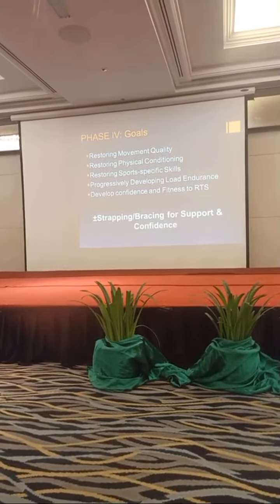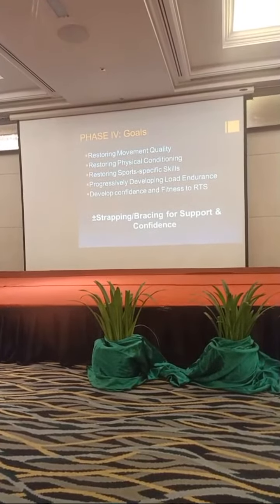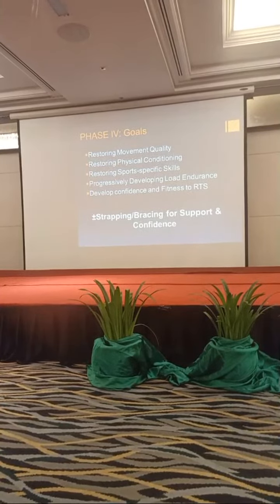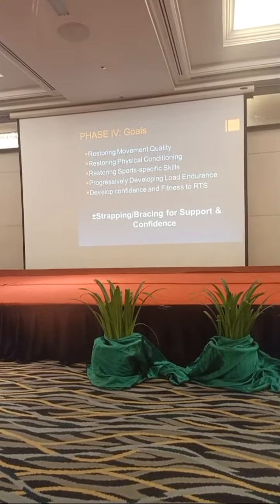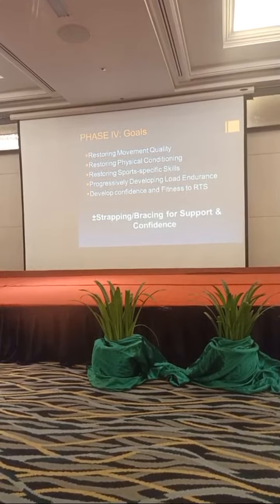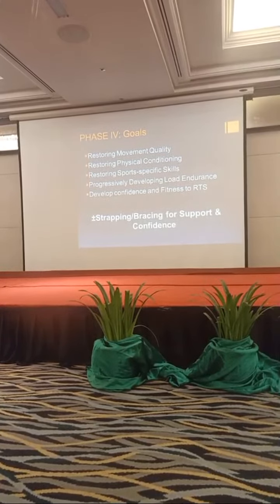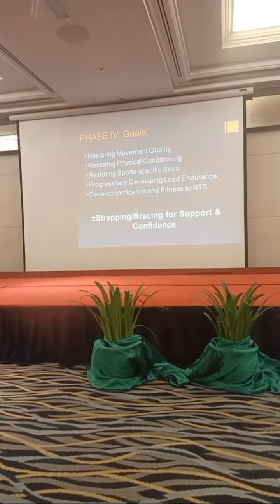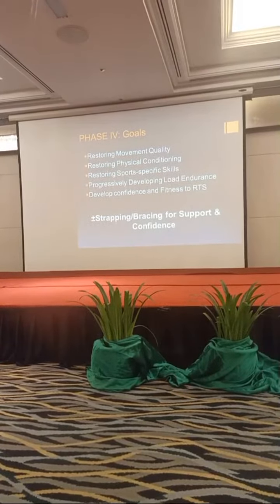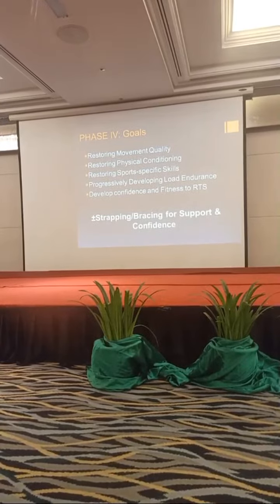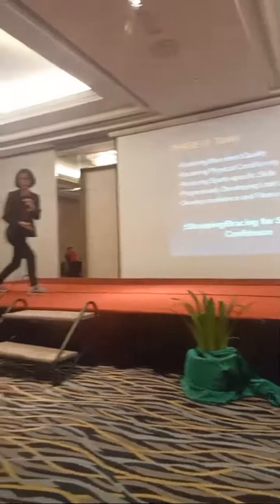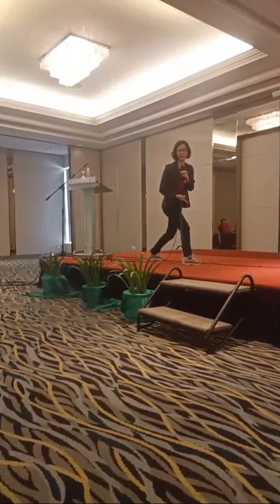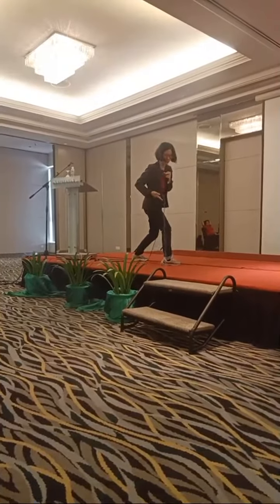So by this point, you want to get maximum concentric and eccentric lower limb strength. You want to definitely integrate all your sport activities into it. So if the person is a shuttler, if the person is a footballer, if the person is a basketballer, you need to integrate all of that, right? If you are a shuttler, you need that motion where you land in this position, so you're going to let the person do it safely, and get the person strong enough to be able to land in that position.